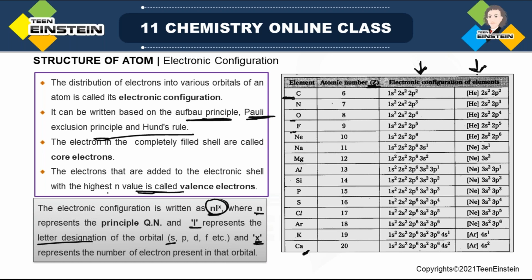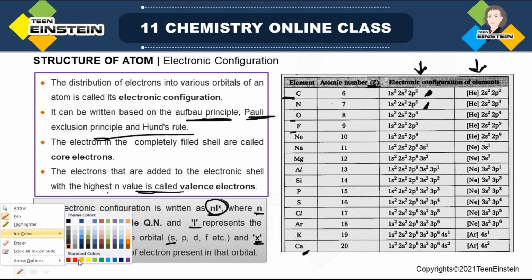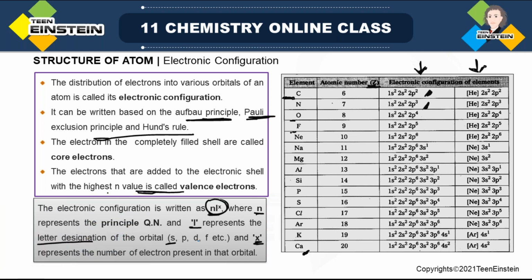Now when the atomic number is very small, suppose 6 or 7, you can easily write this type of configuration. But if the atomic number is very large, in that case it is better to express it in the second format. Suppose take calcium. It has a very high atomic number, obviously compared to carbon. So writing it in this way is really difficult or time consuming.